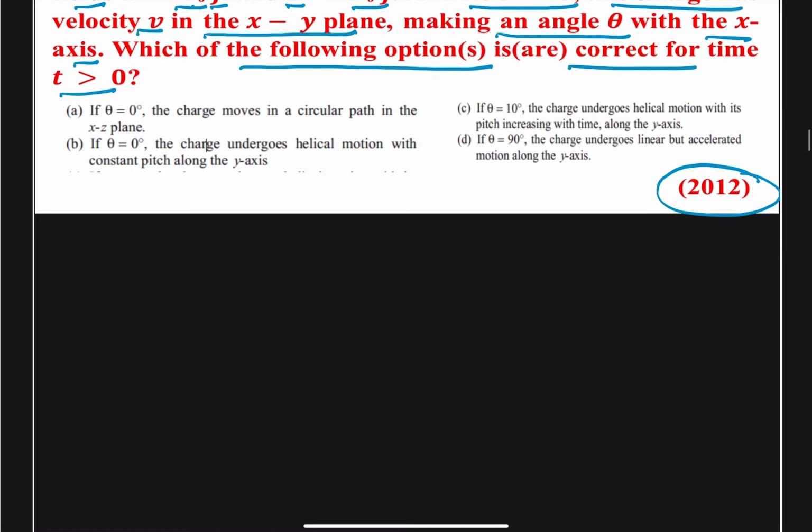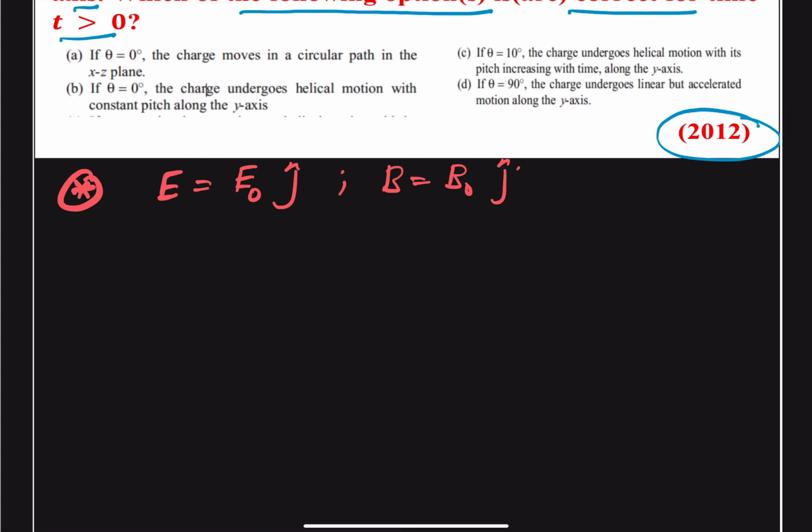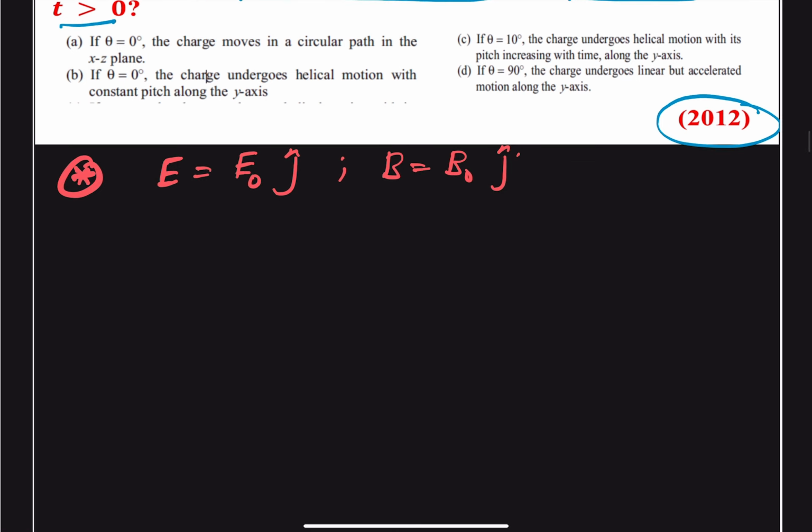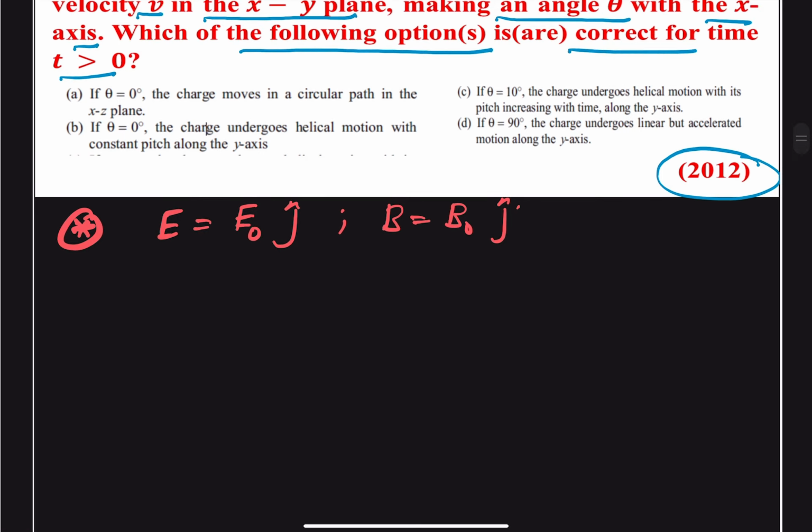So we are given that we have an electric field which is given as E naught j unit vector. We have a magnetic field which is given as B naught j unit vector, and it means both are along the positive y axis.